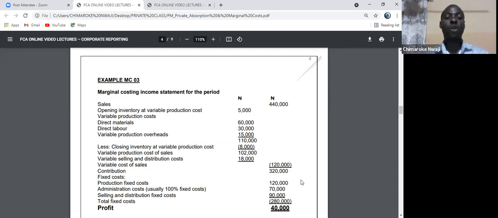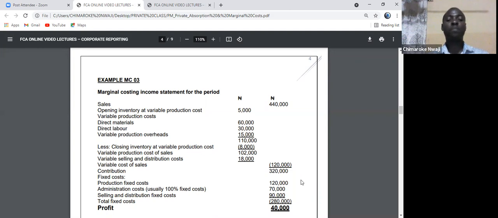Now, your opening inventory at variable production cost. For now, don't bother yourself how we got the 5,000 we use here, but just know that it is at variable production cost. In MCO5 or 6, we shall be seeing a question on how this is calculated. Now, our opening inventory is 5,000 naira.